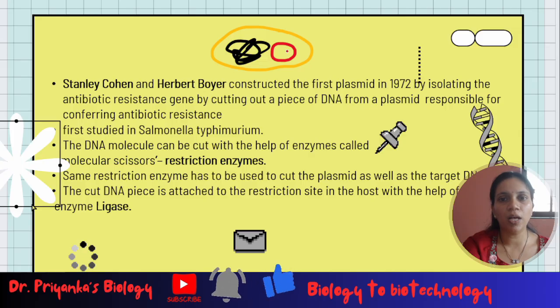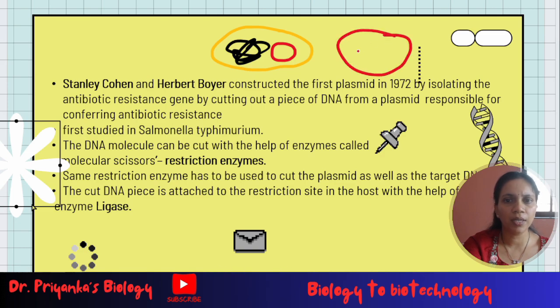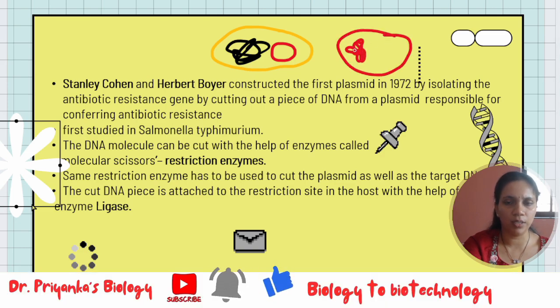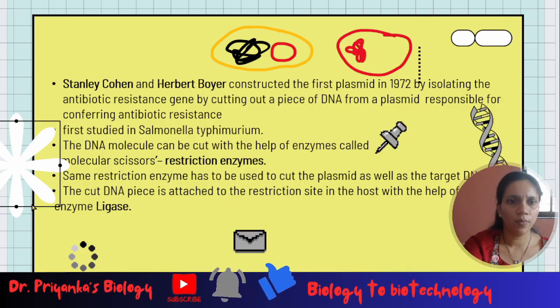I told you this plasmid is going to act like a bus which will carry the passengers. Suppose we have yet another bacterium with its own genetic material, and if I want to introduce some gene, for example, I have entered some pink color gene in this plasmid. What will happen?